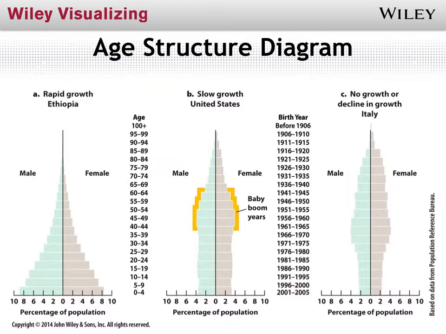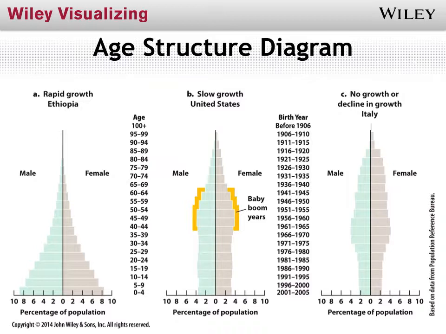So in the United States, we see a fairly stable base, pretty much straight up and down, whereas in the population diagram for Italy, the base is actually narrower than the middle of the graph. So again, there are fewer pre-reproductive people in the population than there are reproductive people, meaning each of those people are having fewer and fewer children.